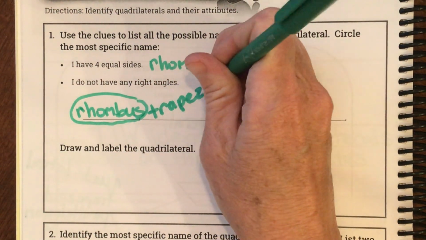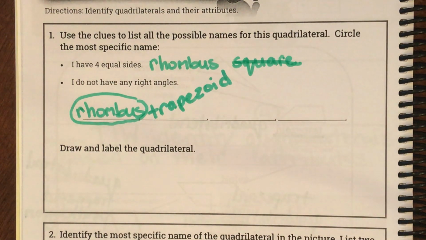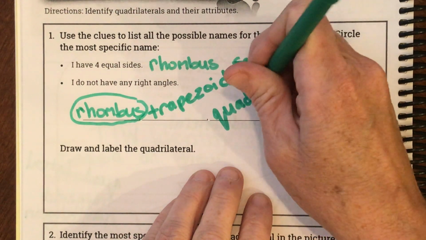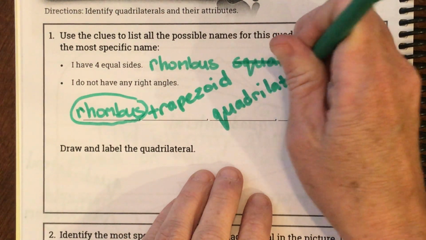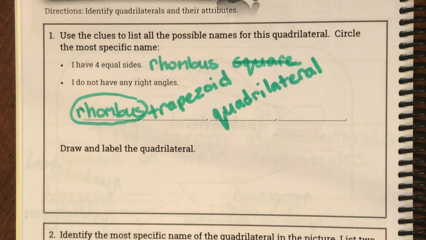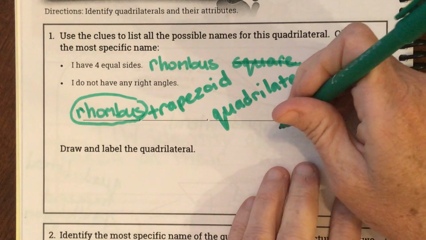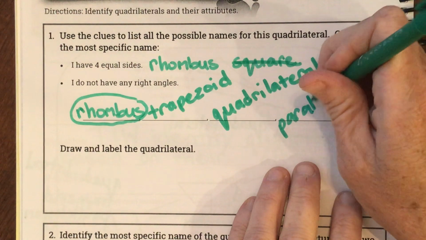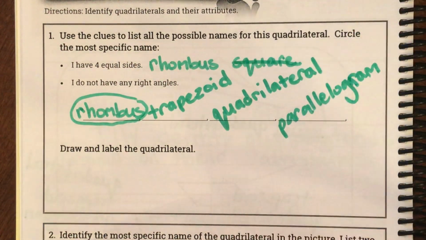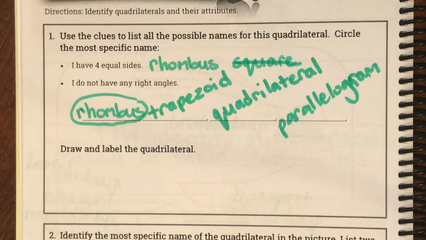I'm going to have to write it sideways because with my marker it's kind of fat. It could also be called a quadrilateral because it has 4 straight sides. And it could also be called a parallelogram because it has 2 pairs of parallel sides.